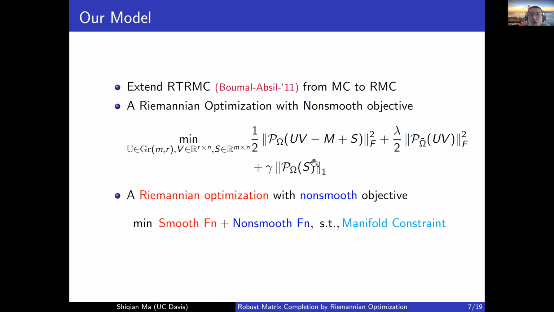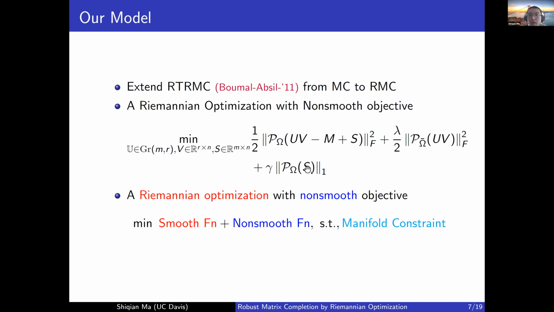Also, in the objective function, we add this L1 norm for the sparse matrix to promote its sparsity. As you can see, in the objective function we have a smooth function plus a non-smooth function, and in the constraints we have a Grassmann manifold constraint. The combination of the non-smooth function and the manifold constraints makes this kind of problem very challenging.